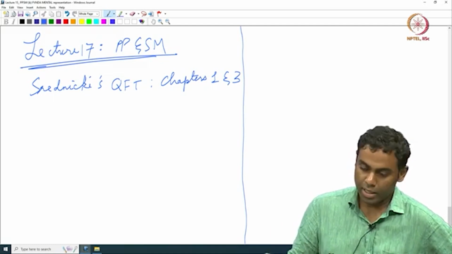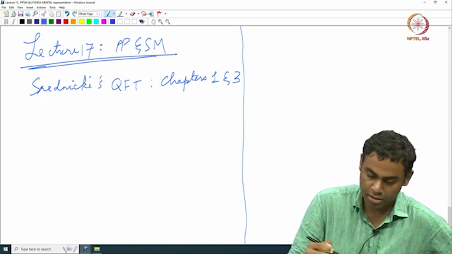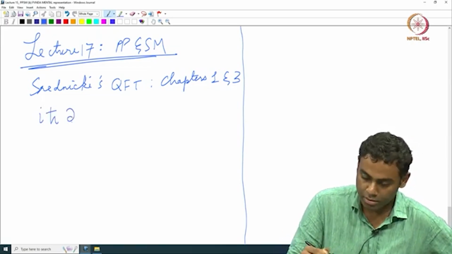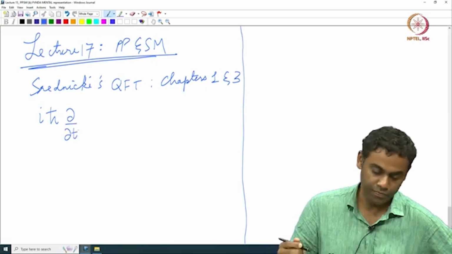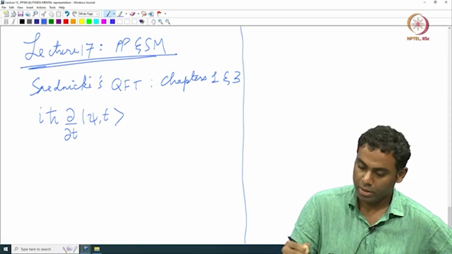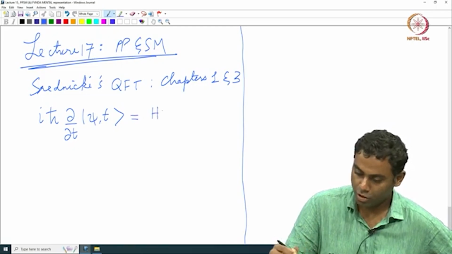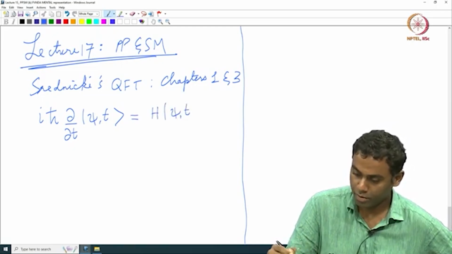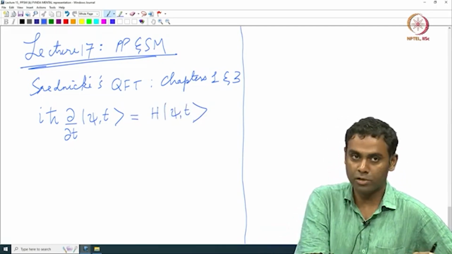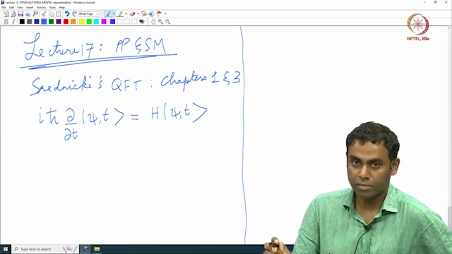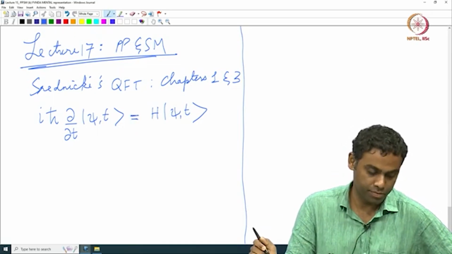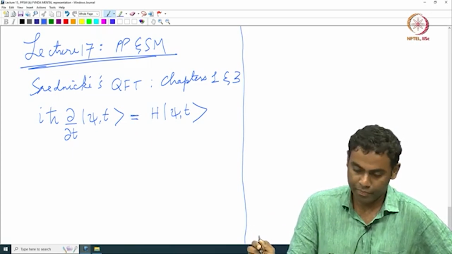So, let us begin with an equation that you all know, the one equation that you should know about quantum mechanics, the Schrödinger equation, which tells you how a quantum state evolves with time, right, as determined by the Hamiltonian, correct.